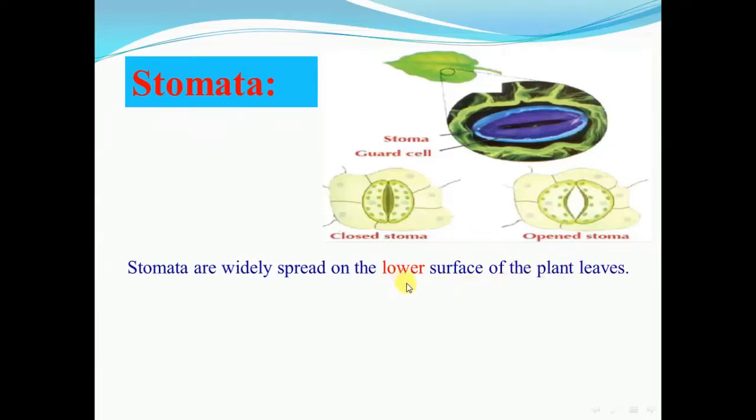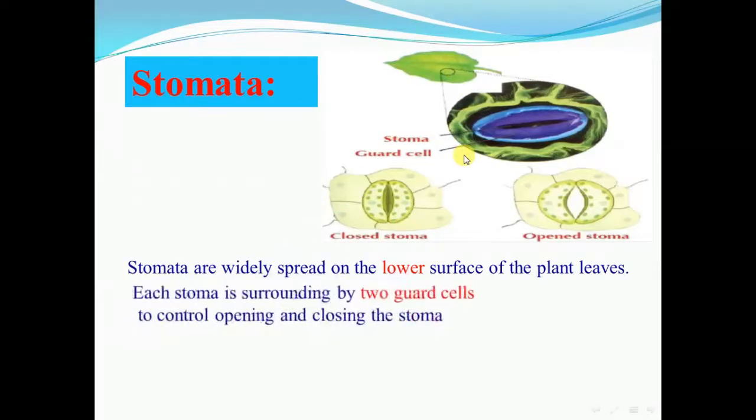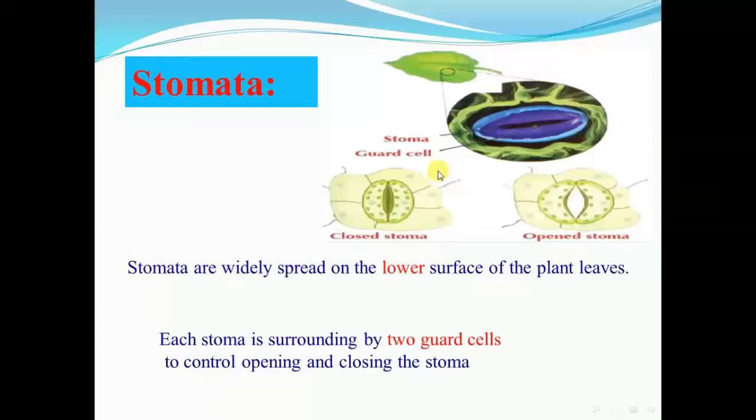So where do the stomata exist? Just in the lower surface of the plant leaves. Each one of them is surrounded by two guard cells. That's the shape of the stoma, surrounded by two guard cells.